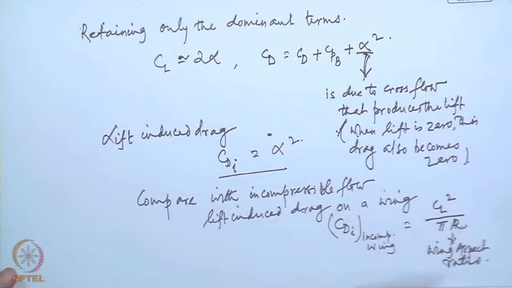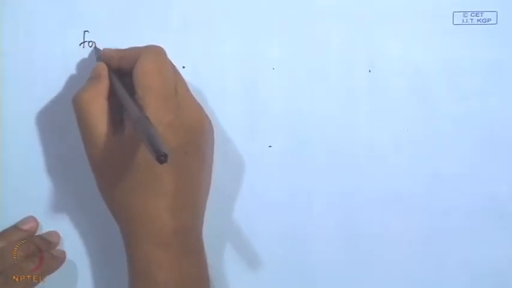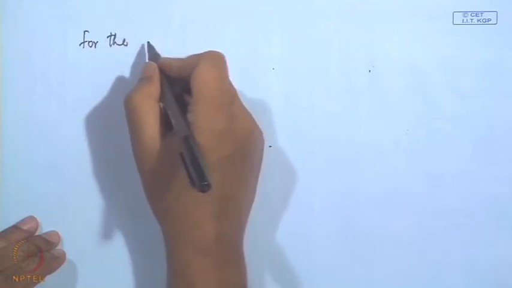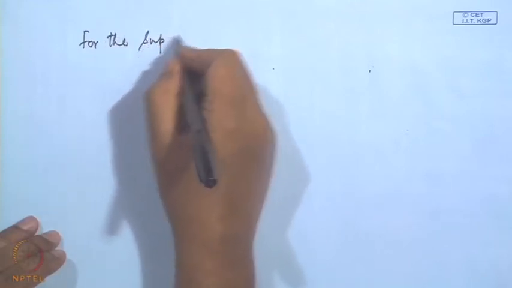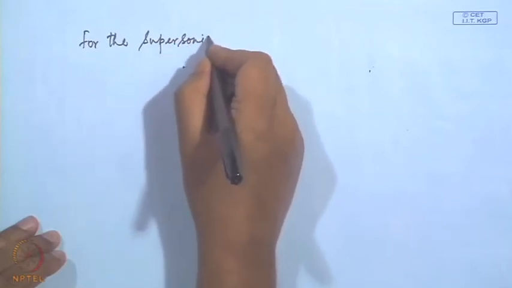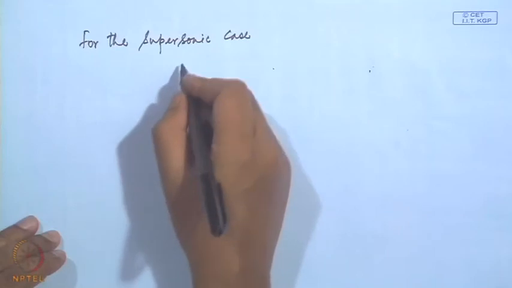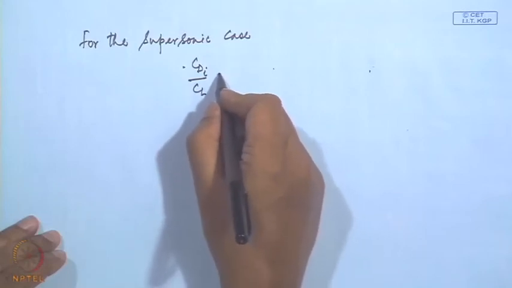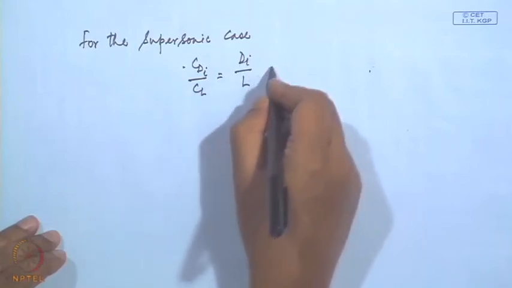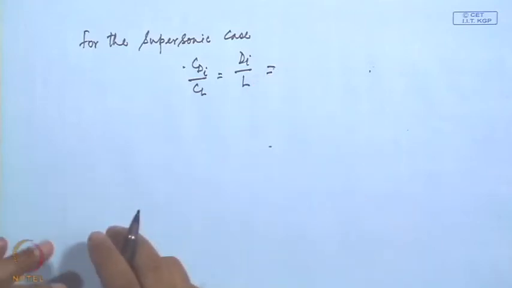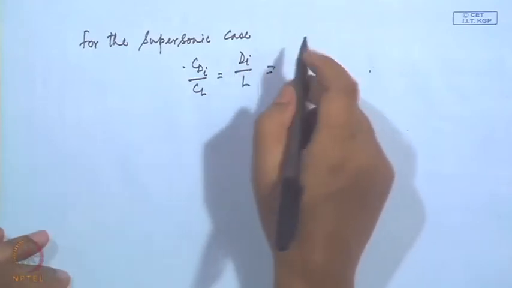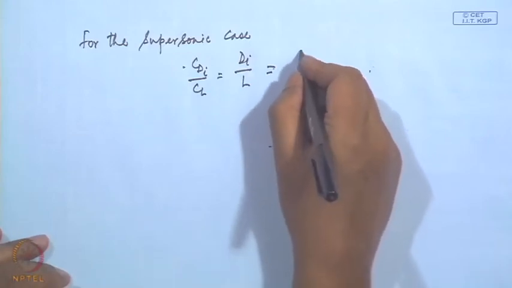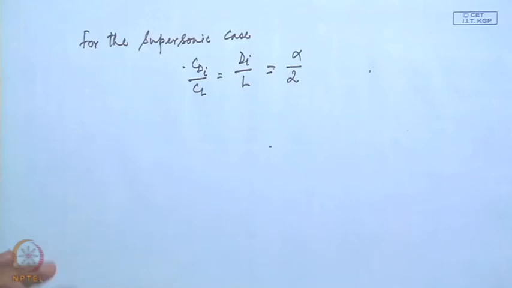Now, we also find that for the supersonic case, we have C d I by C L, that is equal to D I by L, is alpha by 2.